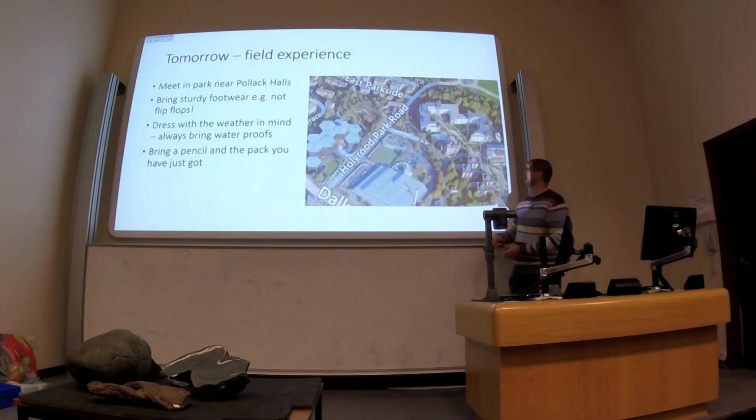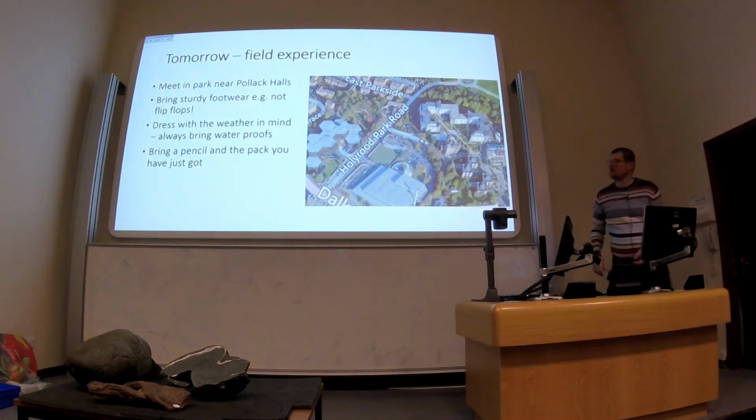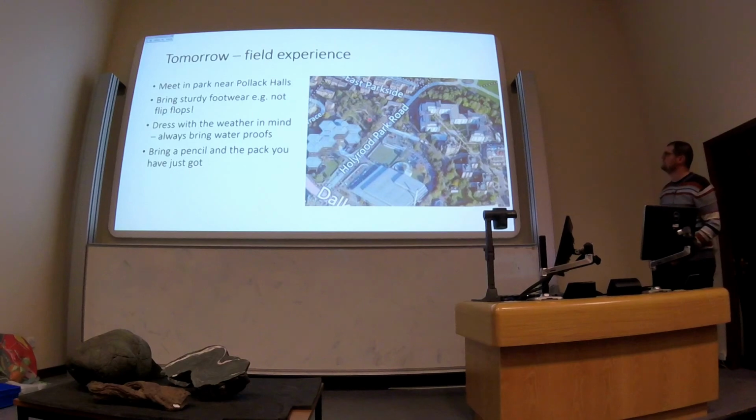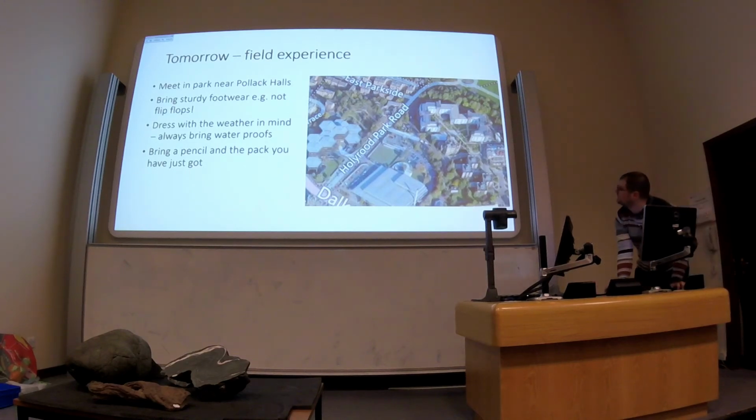So this is kind of rubbishy Google Earth images of the follicles. The main entrance reception is this building here. So at 9:30 tomorrow, I will be at this roundabout, as will you.